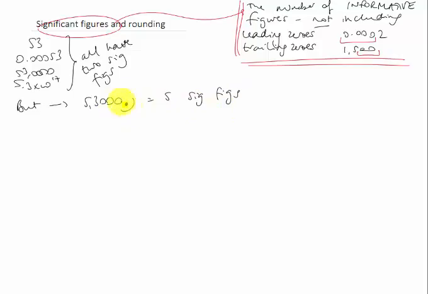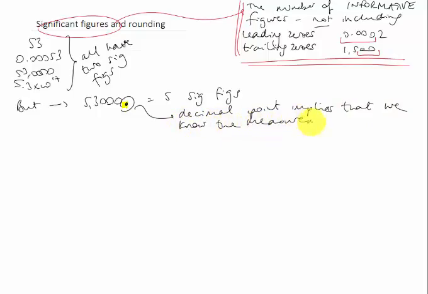Because this decimal point implies that we know the measurement this accurately.